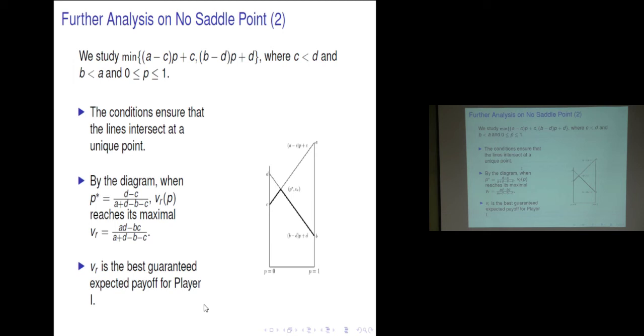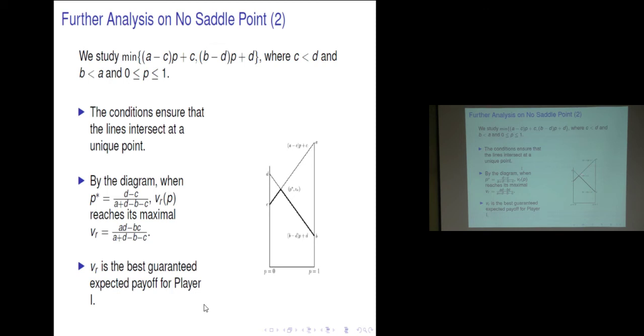So this is the best expected payoff player one can ever hope for. So therefore, we argue that this point is special. If you calculate the expected value for the row player, it is this. It is achieved at this point. So the coordinate of this is these two values.